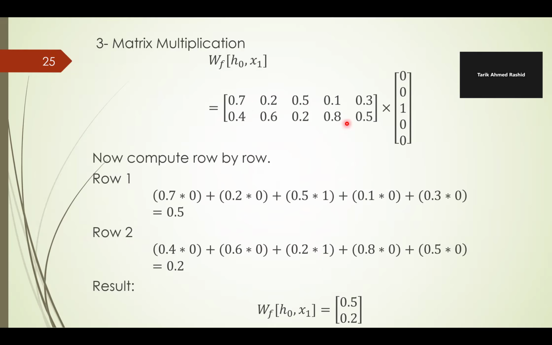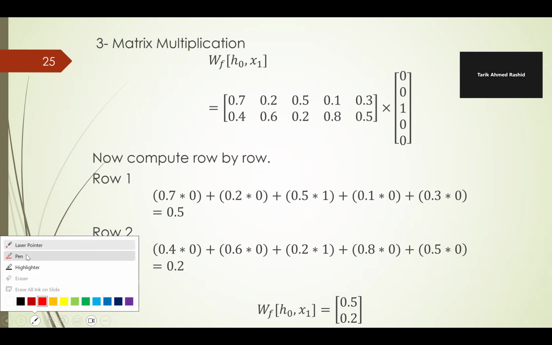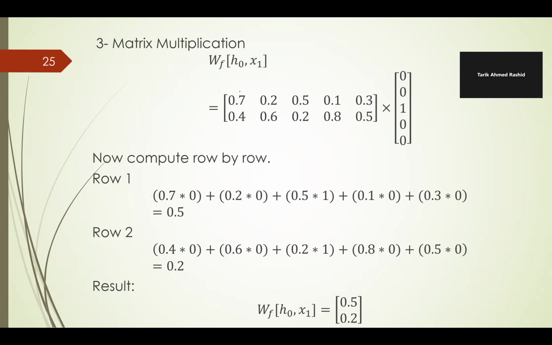So here, that's the input and that's the weight matrix. We multiply them. So 0.7 multiplied by 0, 0.2 multiplied by 0, 0.5 multiplied by 1, and so on and so forth.